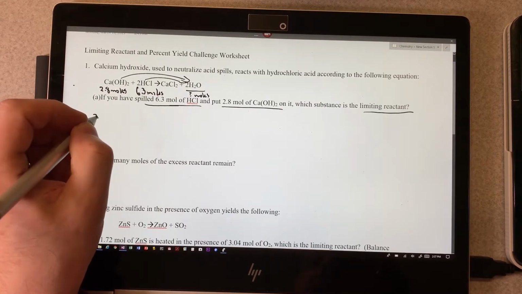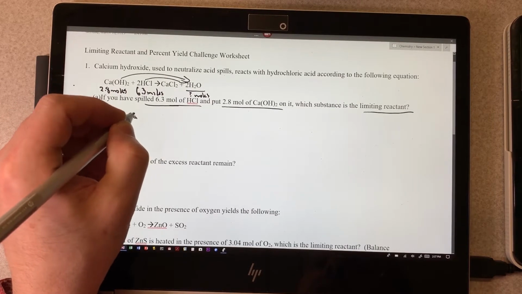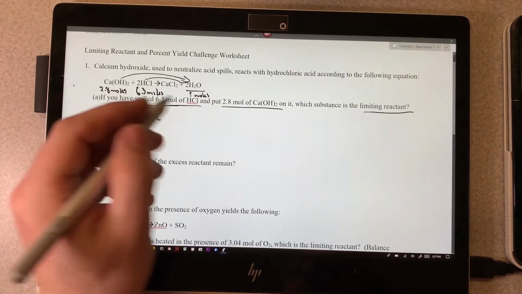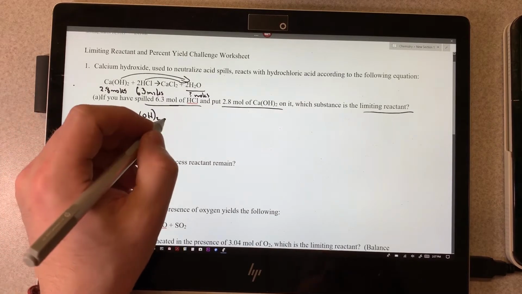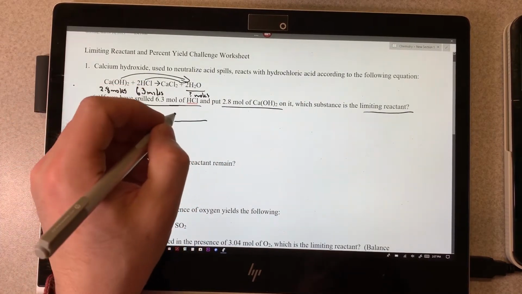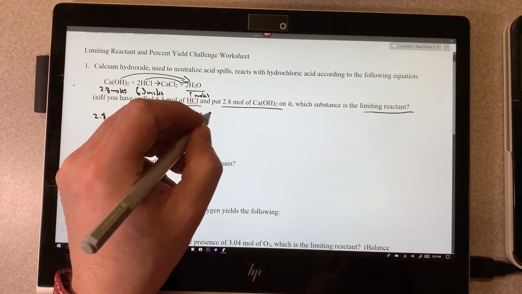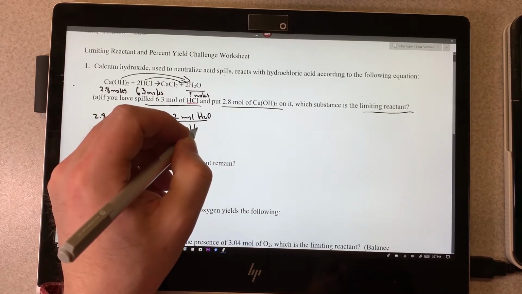So let's start with 2.8 moles of calcium hydroxide. I know my mole ratio here is 2 moles of water for 1 mole of calcium hydroxide. So since I have moles, I don't need a molar mass, so I'll just use this right as it is. 2 moles of water for every 1 mole of Ca(OH)2.